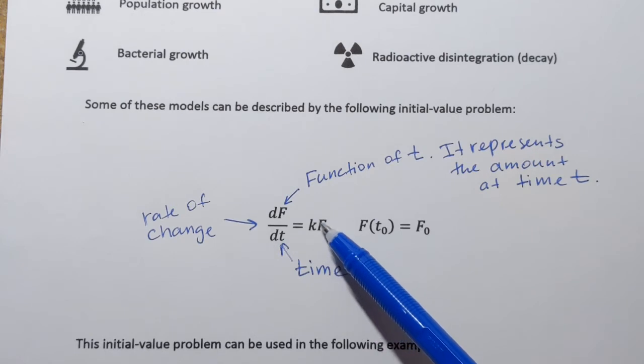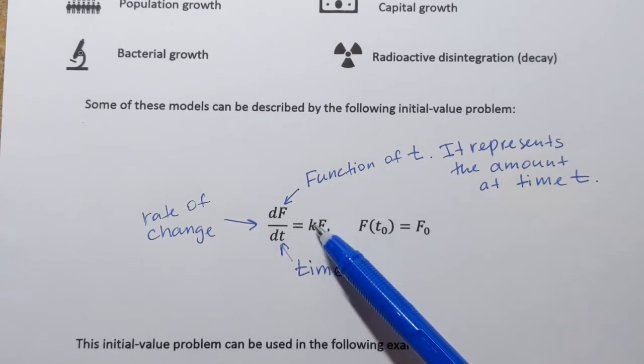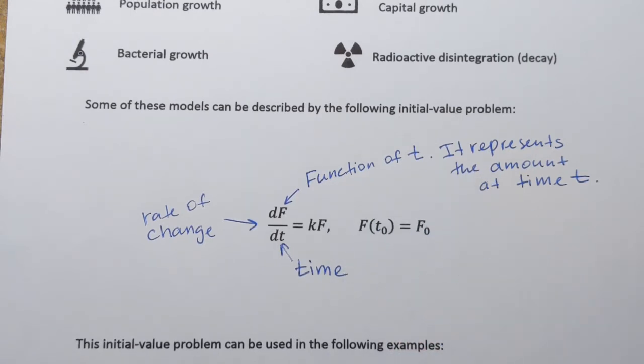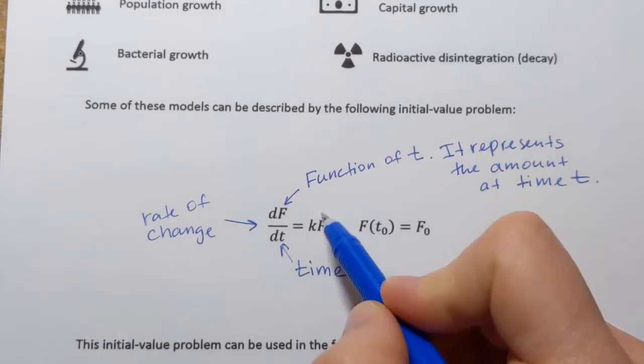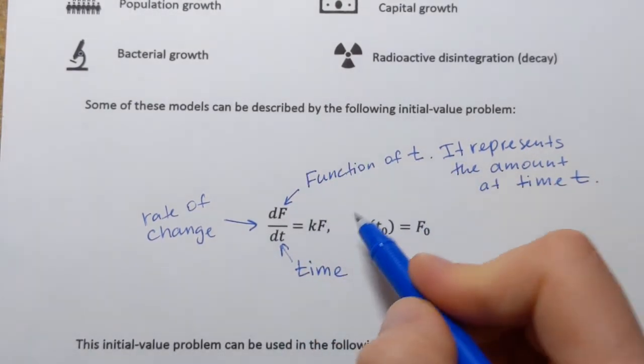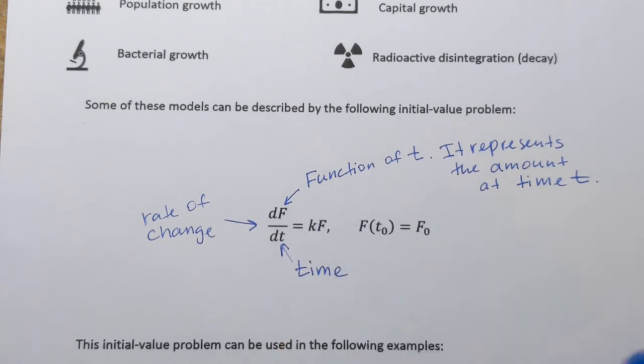On the right hand side we have k, we haven't defined that yet, we'll make a note in a second, times f. Well, that f is that same function. Now, what is k? k is called a constant of proportionality. I'll write that over here. Maybe I'll change the color.